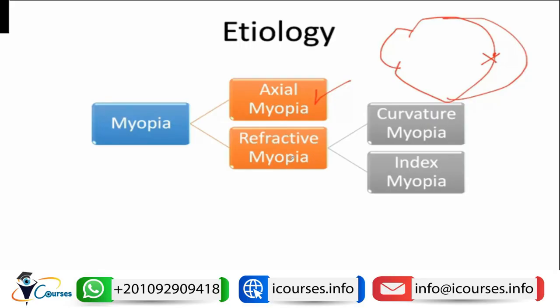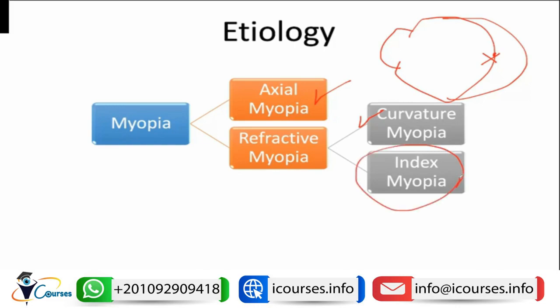And this refractive power can be either due to curvature, so there will be increased curvature of the refracting surface of the eye, such as the cornea. So increasing the refractive power of the cornea will lead to curvature myopia, or even increasing the curvature of the lens, as in cases of lenticonus, will cause curvature myopia, or index myopia.